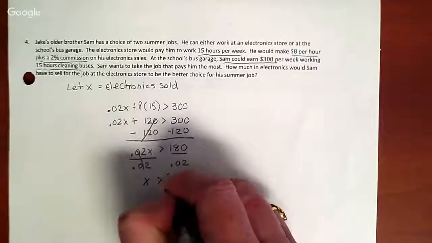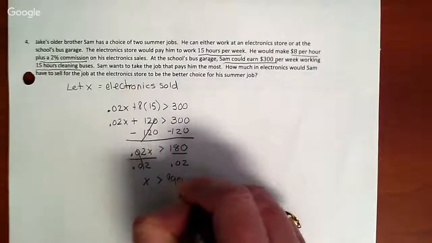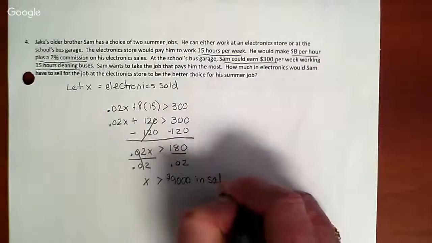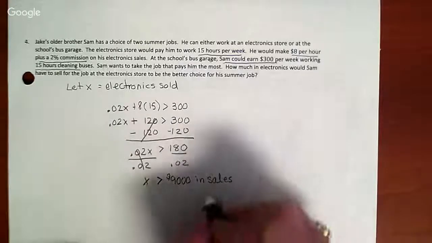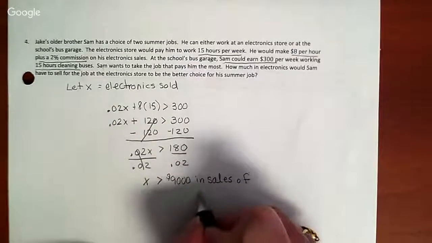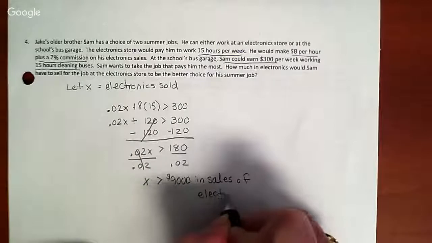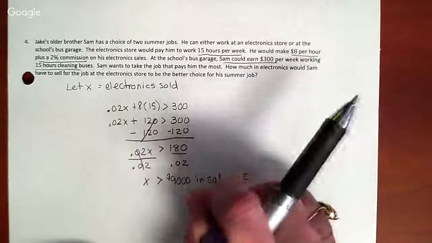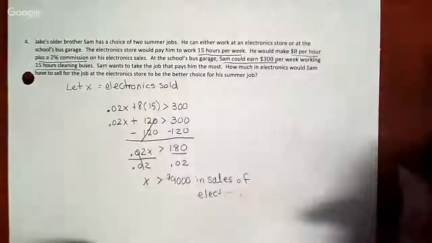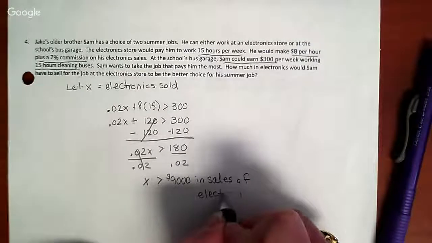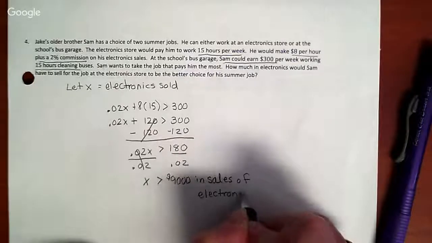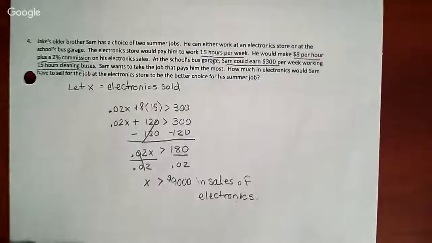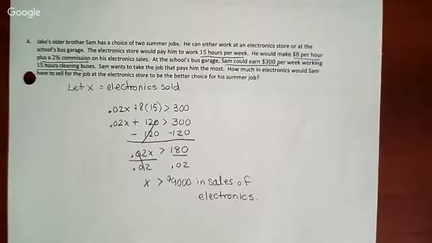So he has to sell more than $9,000 in sales of electronics for it to be a better job than the school bus. Okay? And that ends our lesson for today.